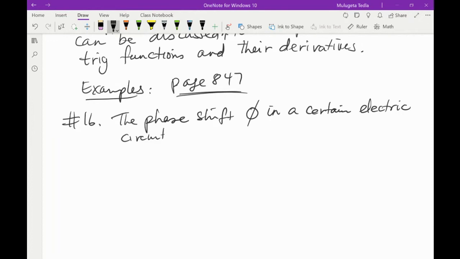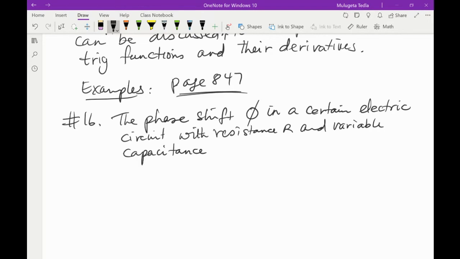Electric circuit with resistance R and variable capacitance C is phi equal to tan inverse of WRC.